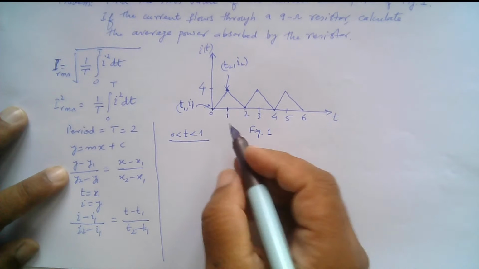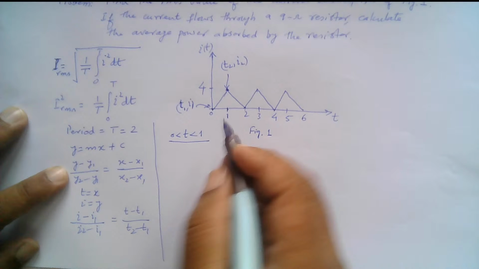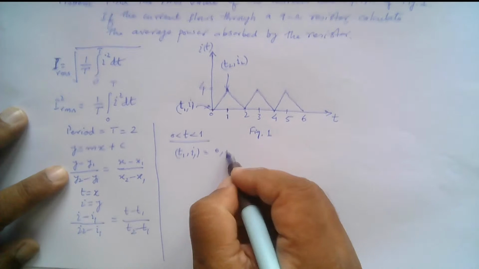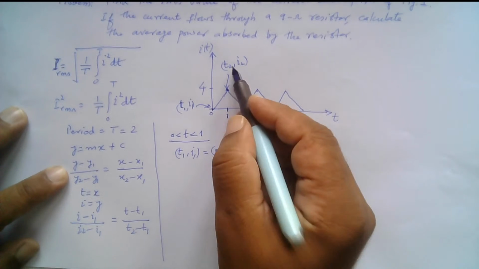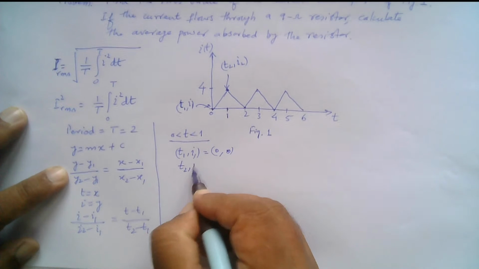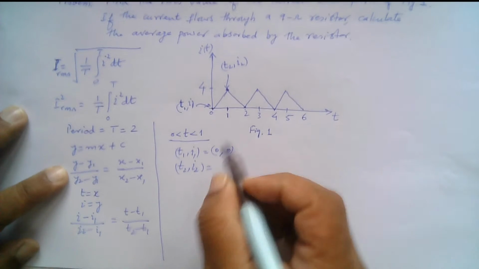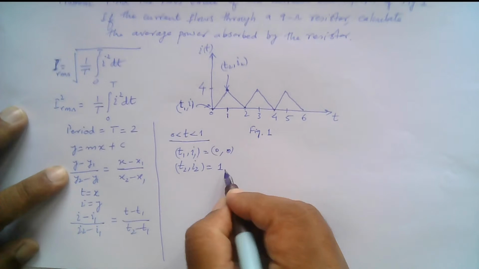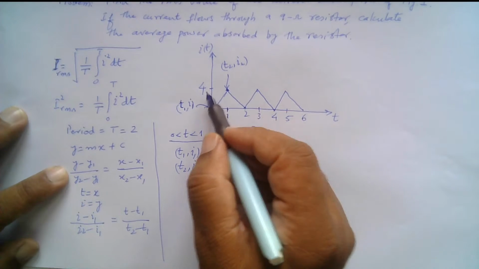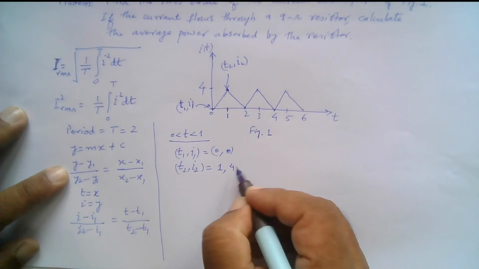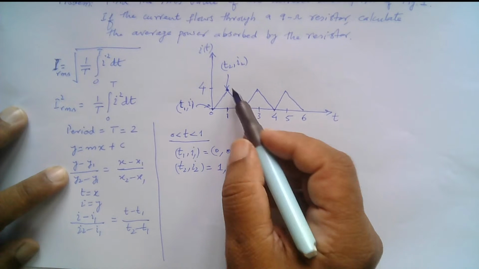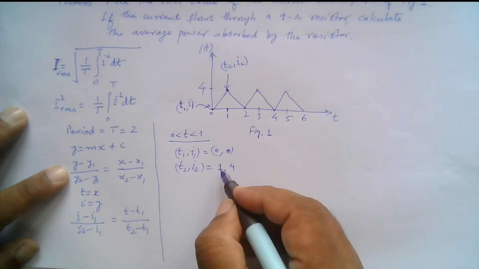At the point T1 comma I1, T1 is 0 and I1 is also 0. And at the point T2 comma I2, the value of T2 is 1, and the value of I2 is 4 here.